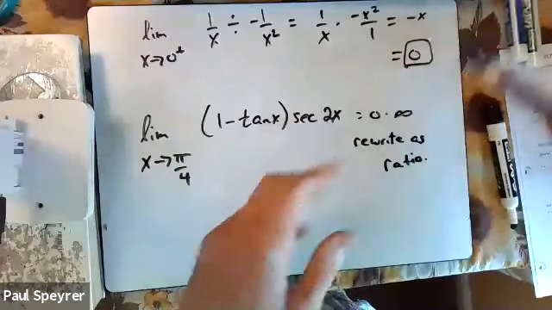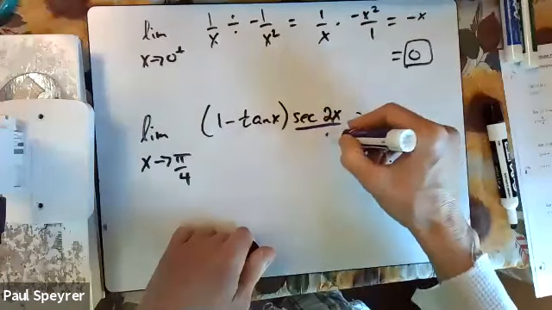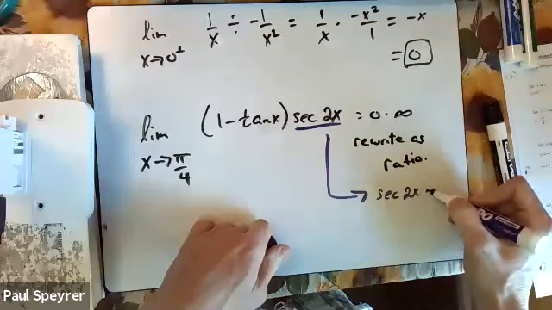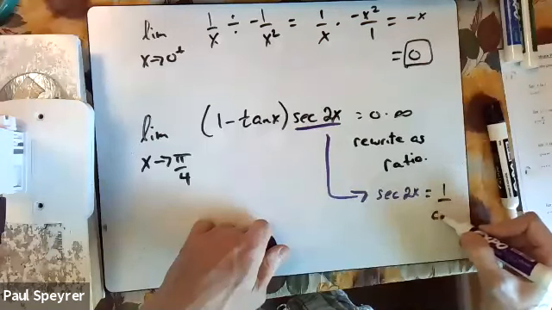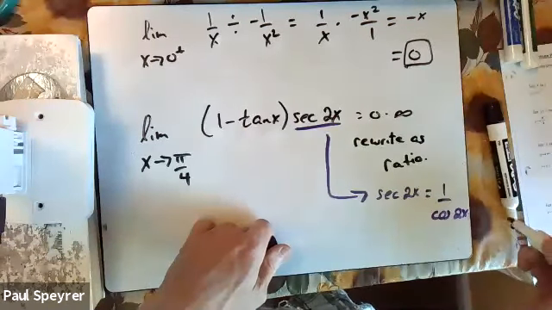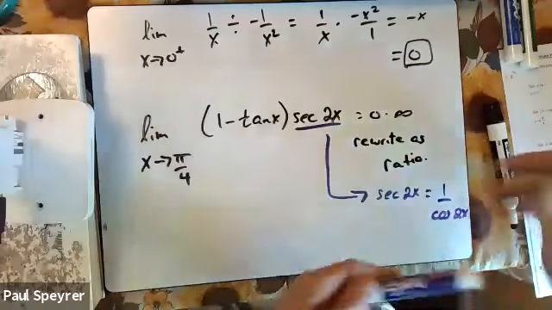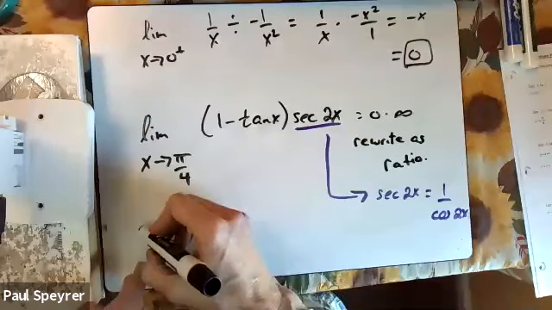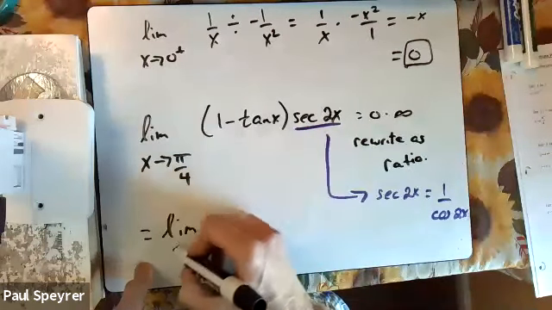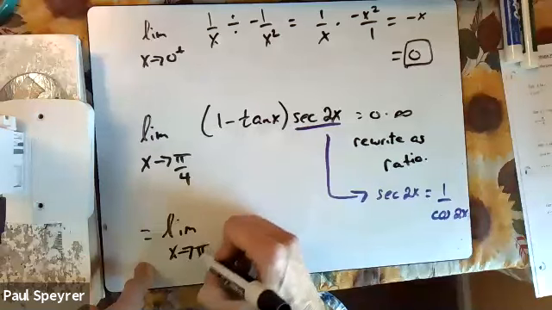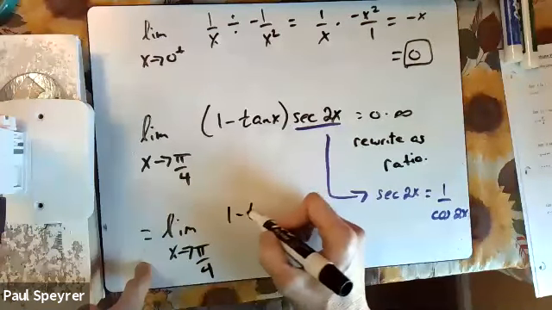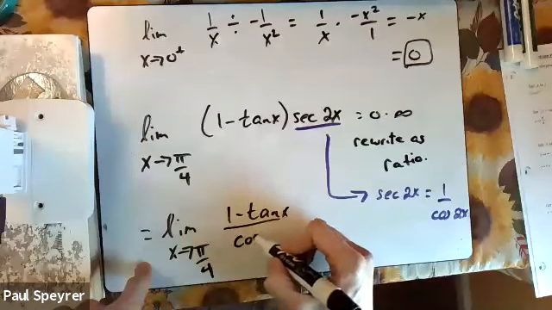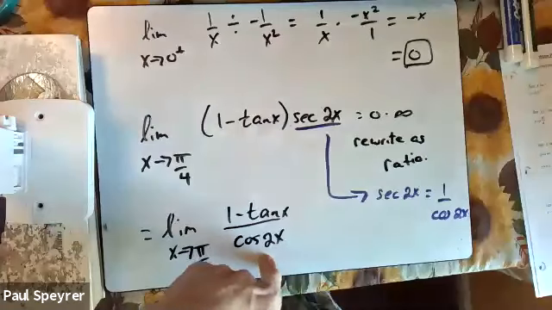Because what is secant of 2x? Another way of writing secant of 2x is 1 over cosine of 2x. So it's kind of already been rewritten as a ratio for us. There's just the limit as x approaches pi over 4 of 1 minus tan of x over cosine of 2x, like that.